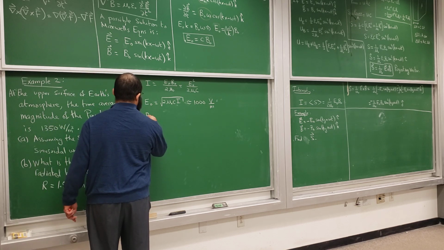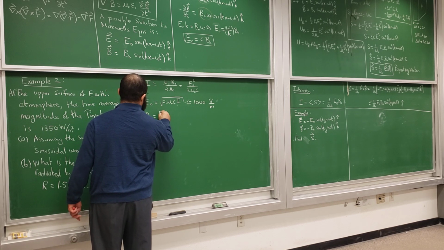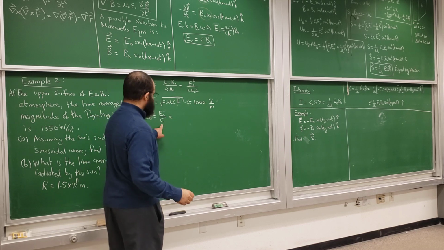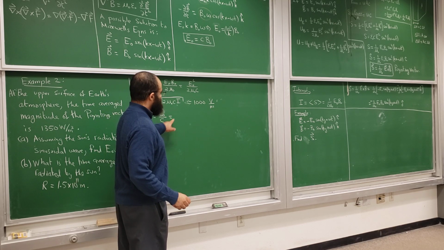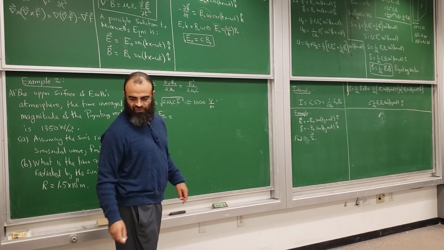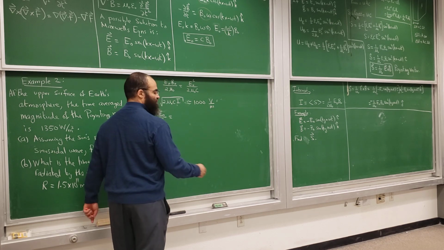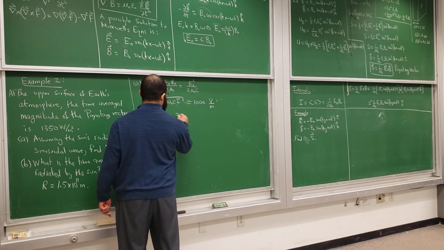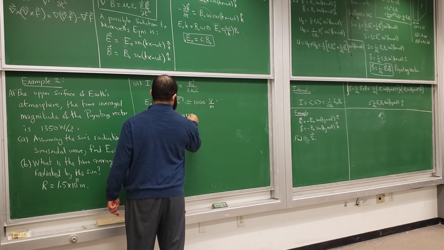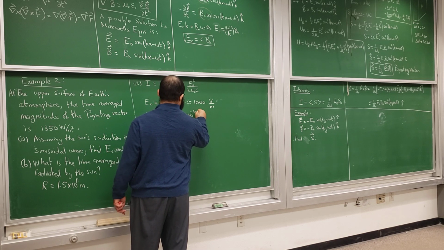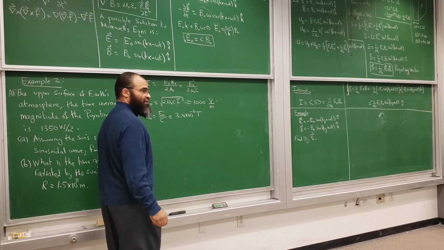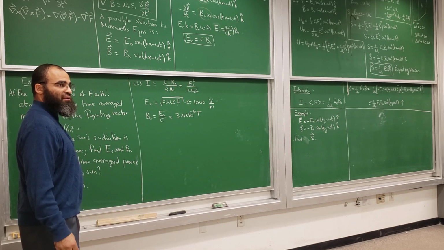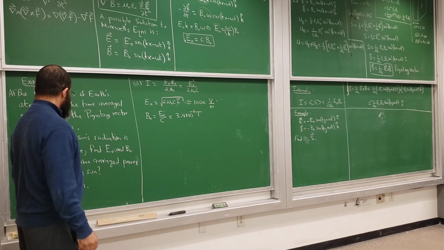And then B naught is E naught divided by C. You see why it would be small, because you're dividing by the speed of light. So that is approximately 3.4 times 10 to the minus 6 Tesla for the magnetic field.